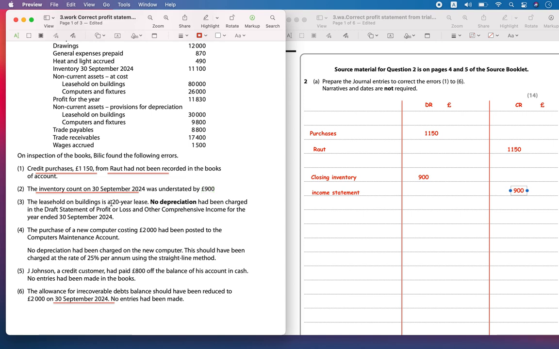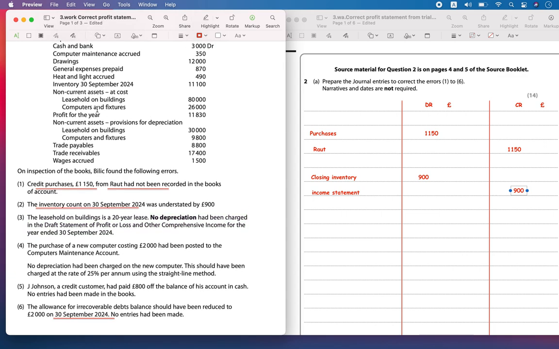Then the leasehold buildings on a 20-year lease: no depreciation had been charged, so we have to include this depreciation. The leasehold building at cost was 80,000. So the depreciation cost is 80,000 divided by 20 years, which is equal to 4,000.